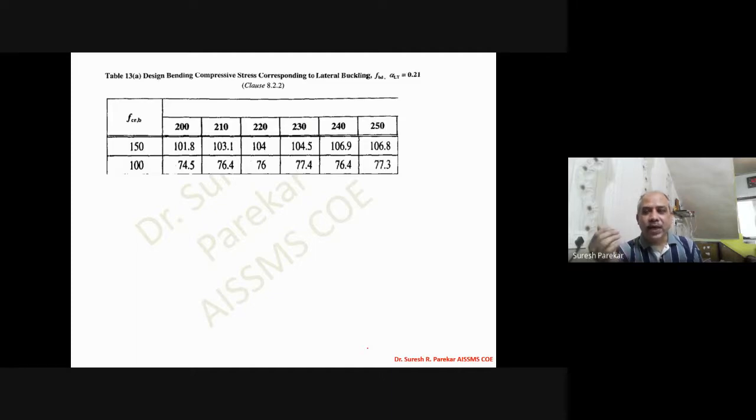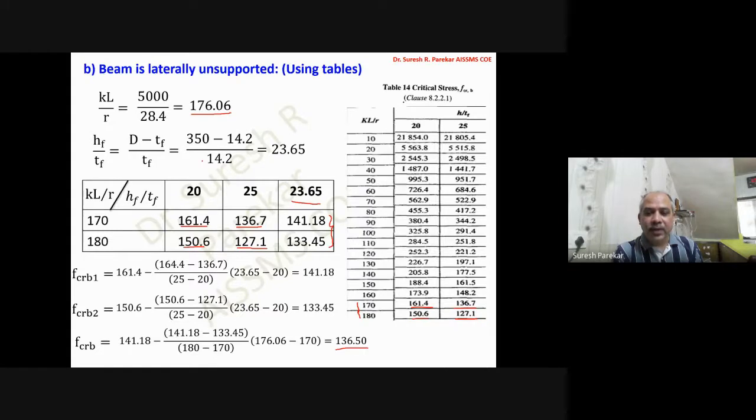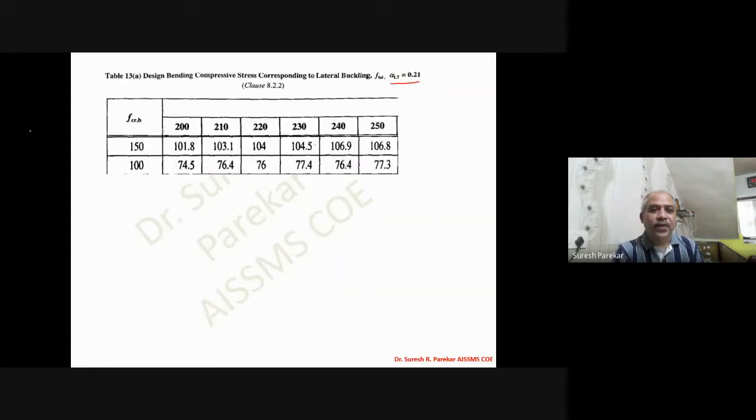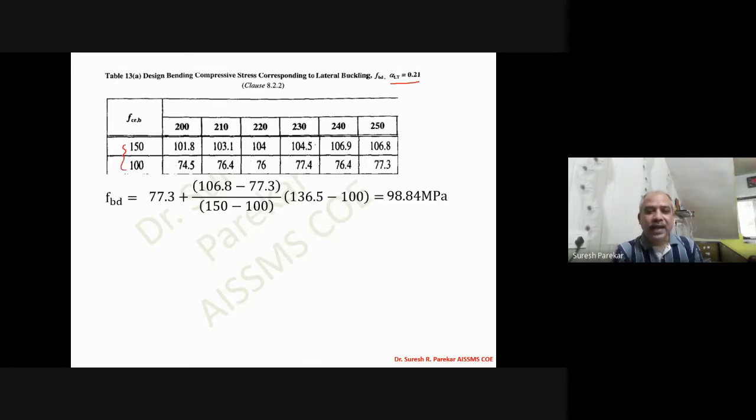So we will go to table 13A. Why? Because we have considered a rolled section, and for a rolled section we have alpha LT equal to 0.21, and for that table we have considered. Now our value of FCRB is 136.5, and therefore we have to find the value of FBD, which will be between 100 to 150, and we have calculated this value of FBD as 98.84.